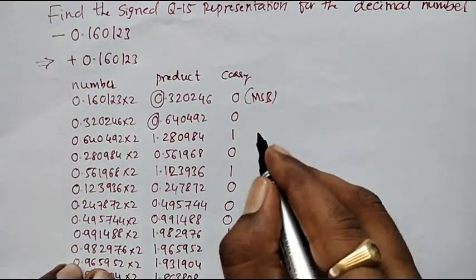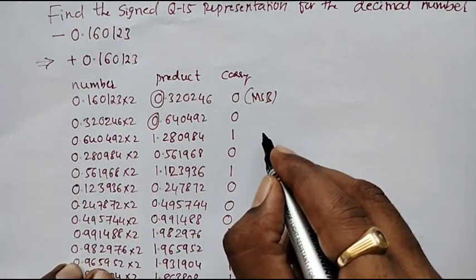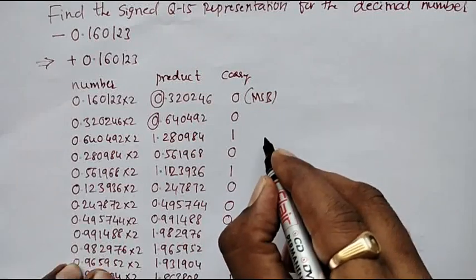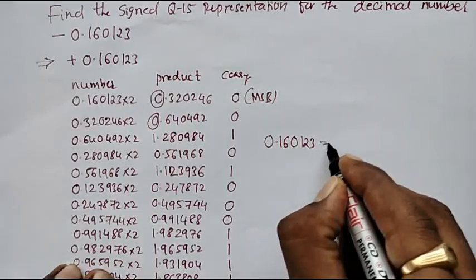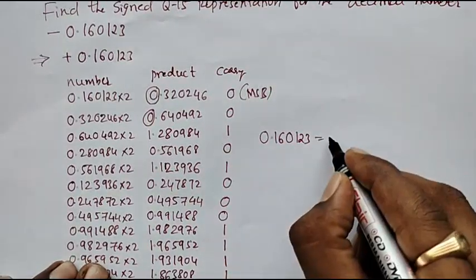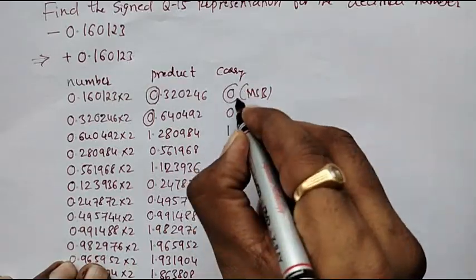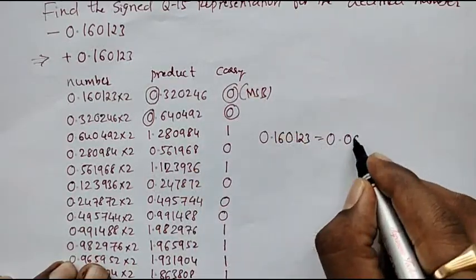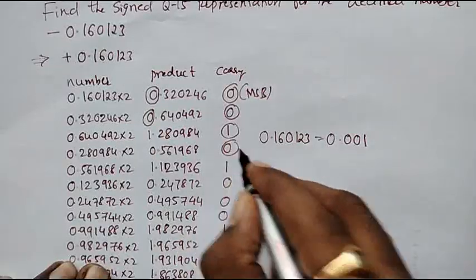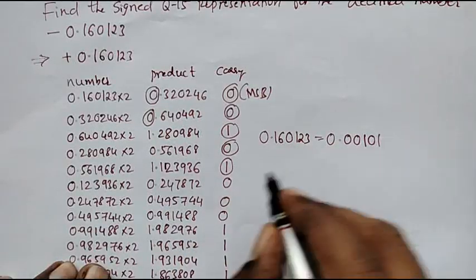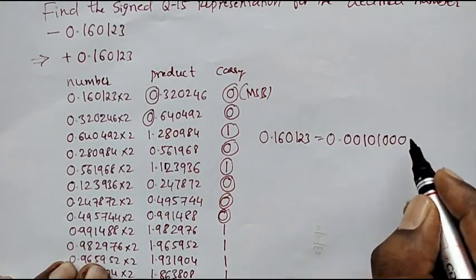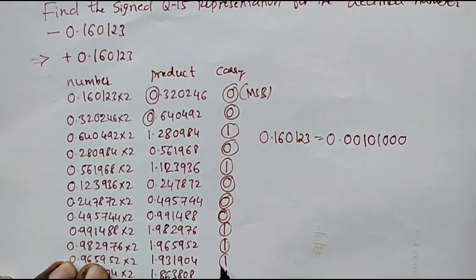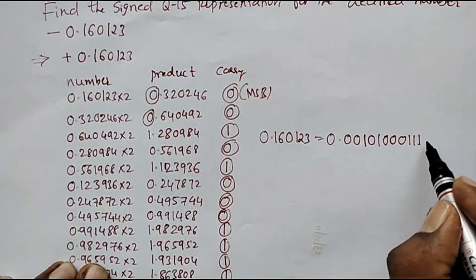So now the Q15 representation of the positive number 0.160123 is 0.00110 and so on.